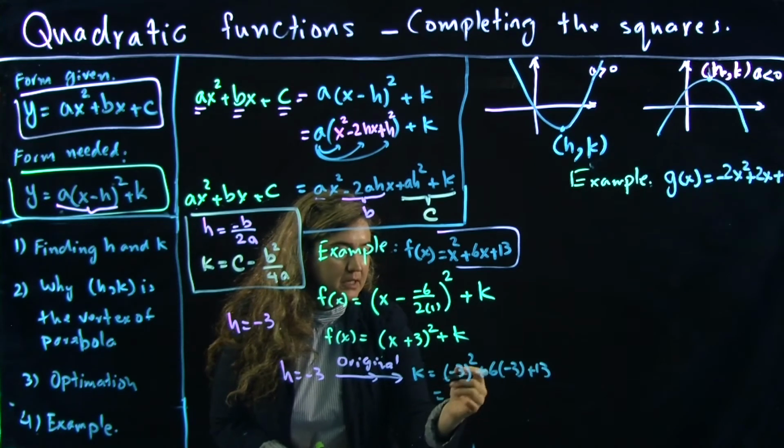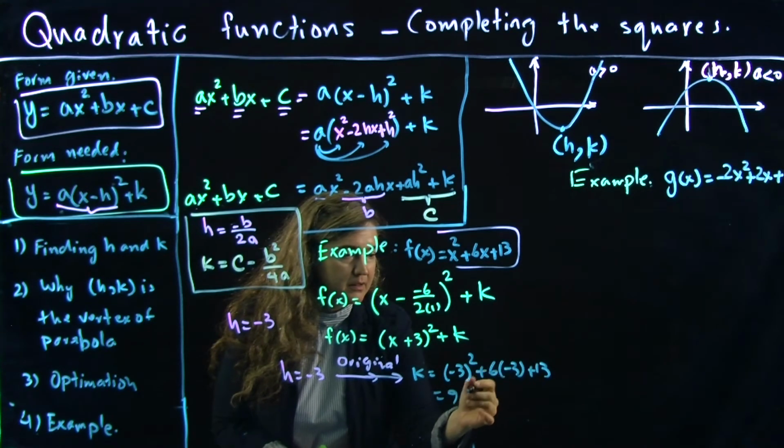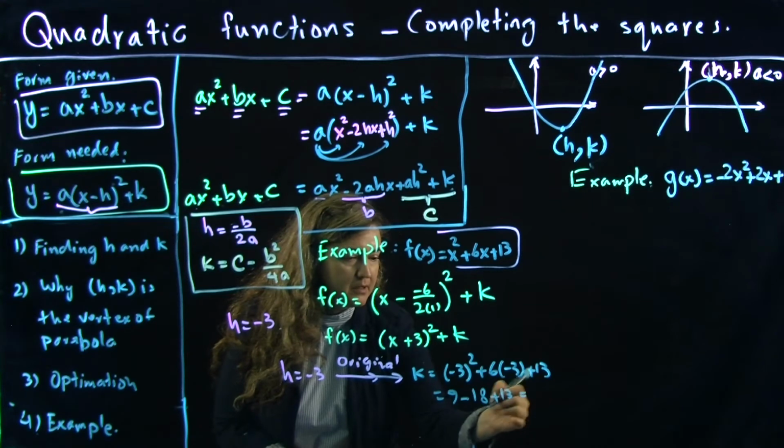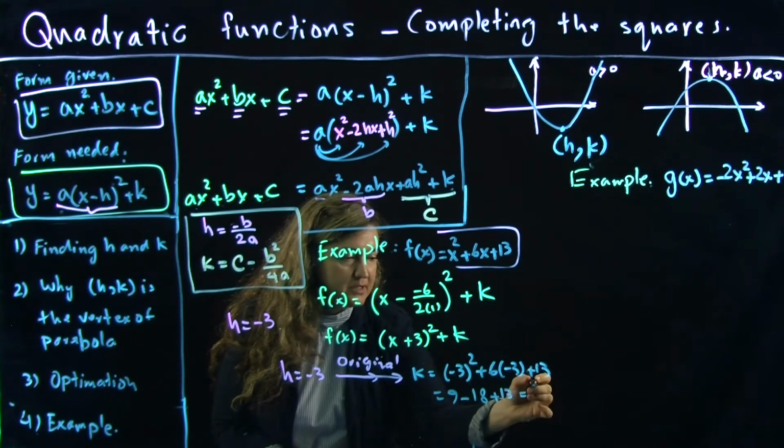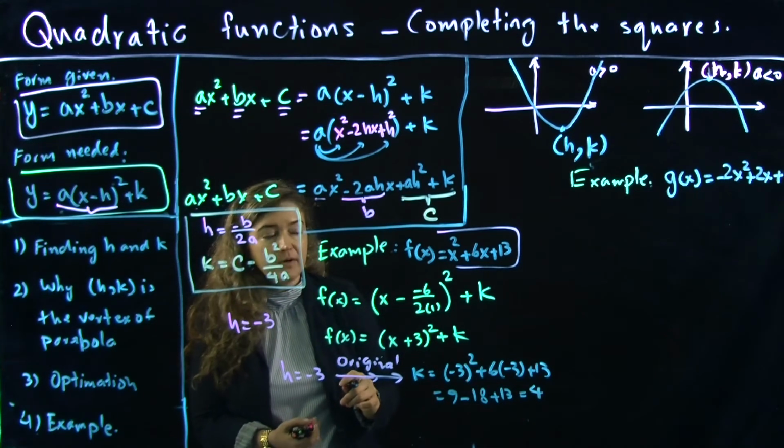And it gives me 9 minus 18 plus 13, which is negative 9 plus 13, equal to 4.